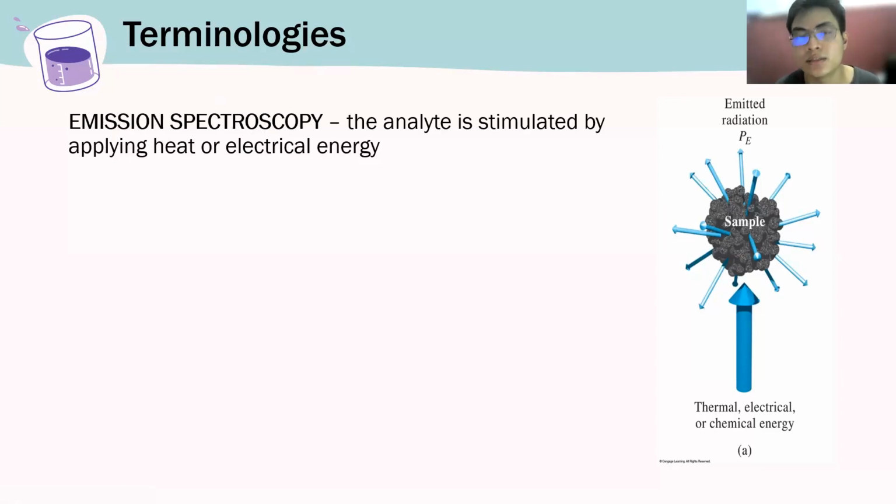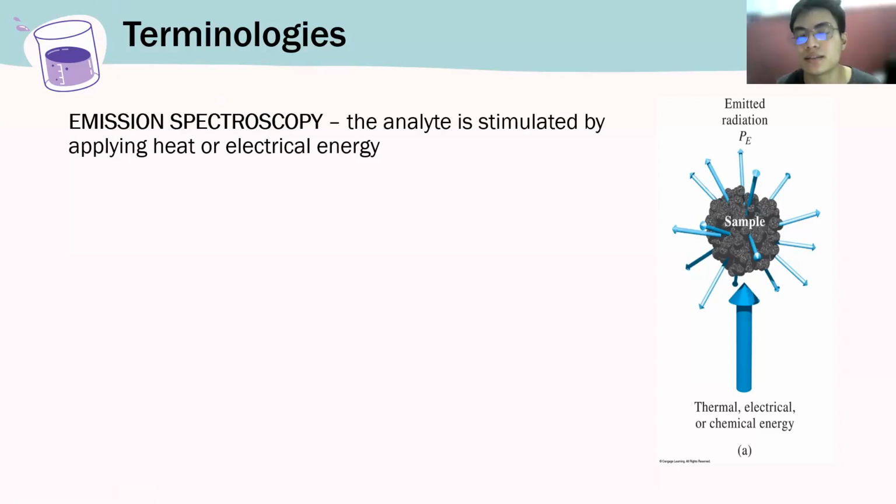So, it emits the light. For example, kunwari may metal ka, may bakal ka. Initin mo yung bakal. Anong nangyayari sa bakal? Nag-glow siya. That is called emission spectroscopy. Why? Kasi yung heated object mo, nagre-release siya ng light.